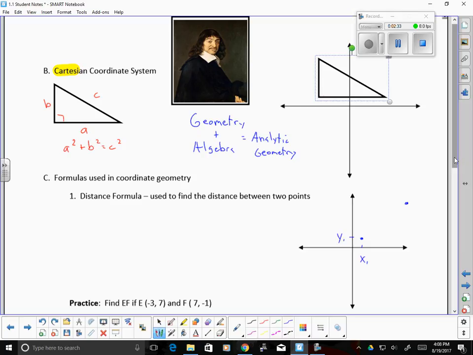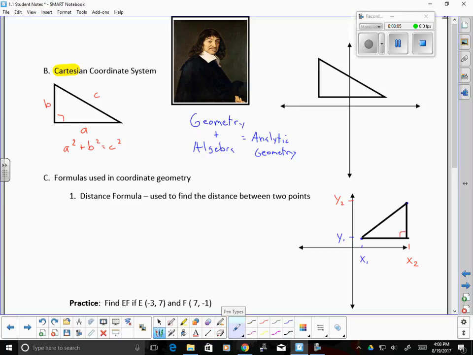The point over here is going to have its own coordinates, x2 and y2. If I wanted to connect those two points, I could do so using a triangle, right? From this point to that, that's the distance that I want to know. If I go directly to the right, I get one side of a triangle, and if I go straight down, I get the other side. Notice that it makes a right triangle.